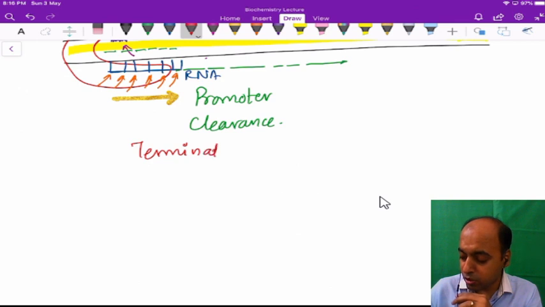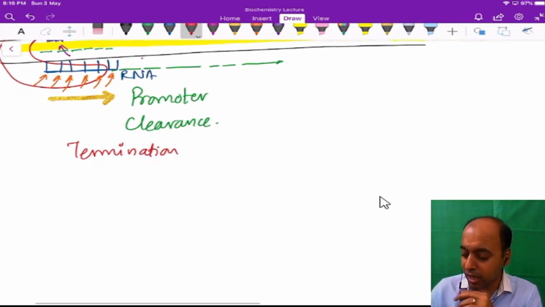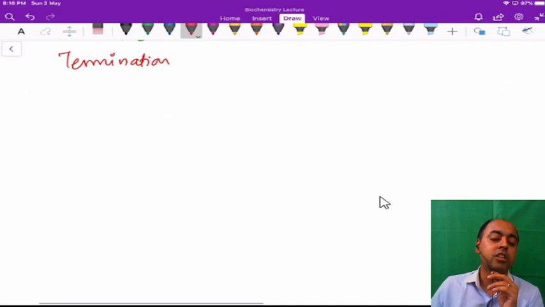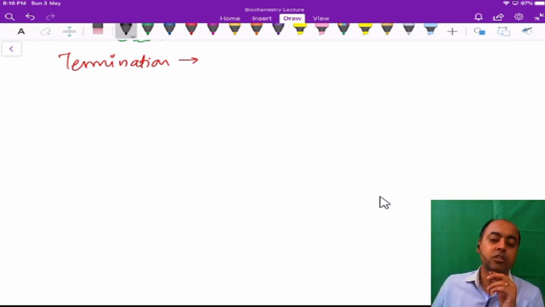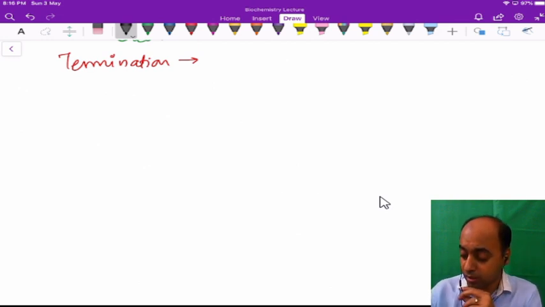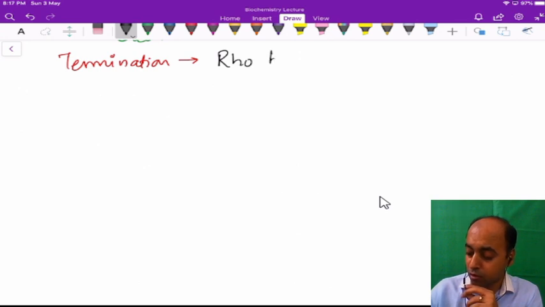About termination, you have to remember that termination will occur when one of the two conditions is fulfilled. First condition is the transcription of Rho binding site.